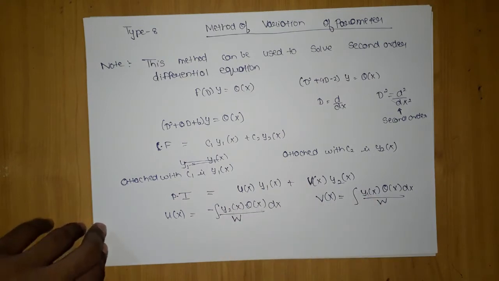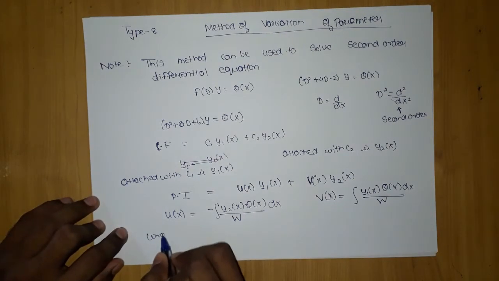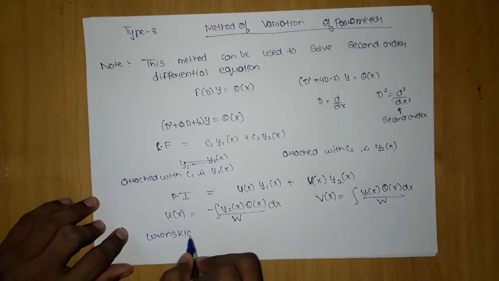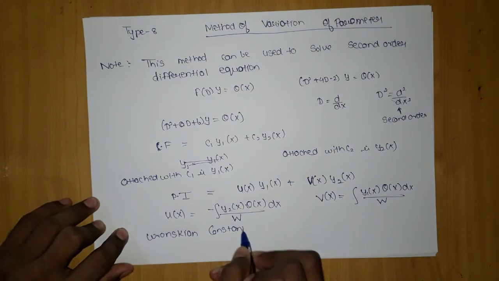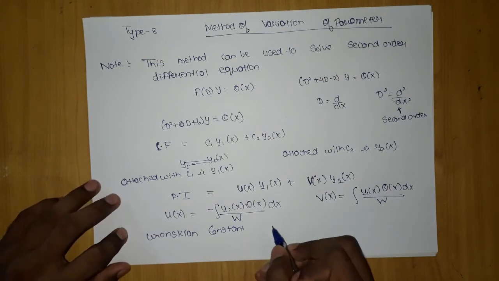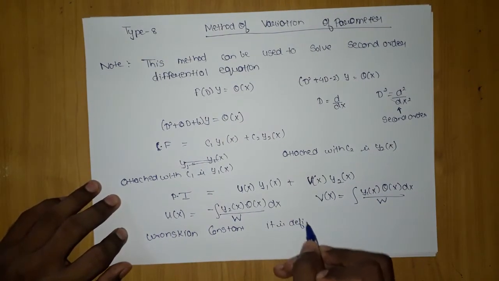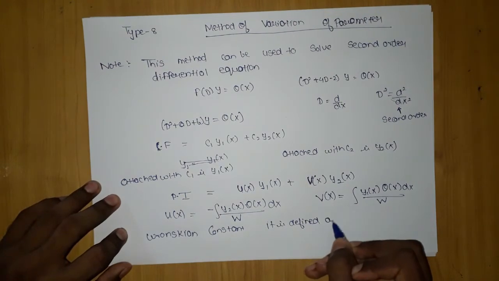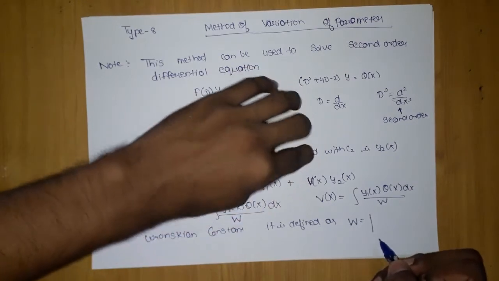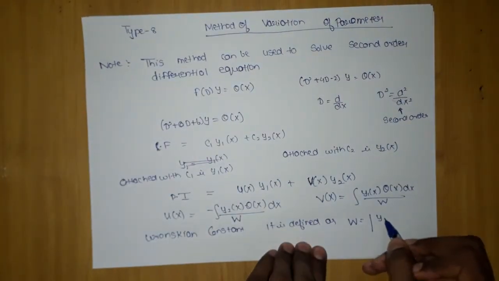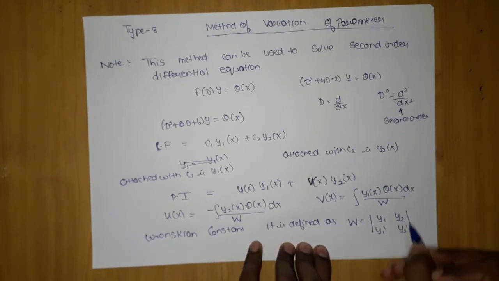Now the next question: what is w? We call w the Wronskian, and you have to get w by solving a determinant. The determinant is y1, y2, y1 dash, y2 dash.